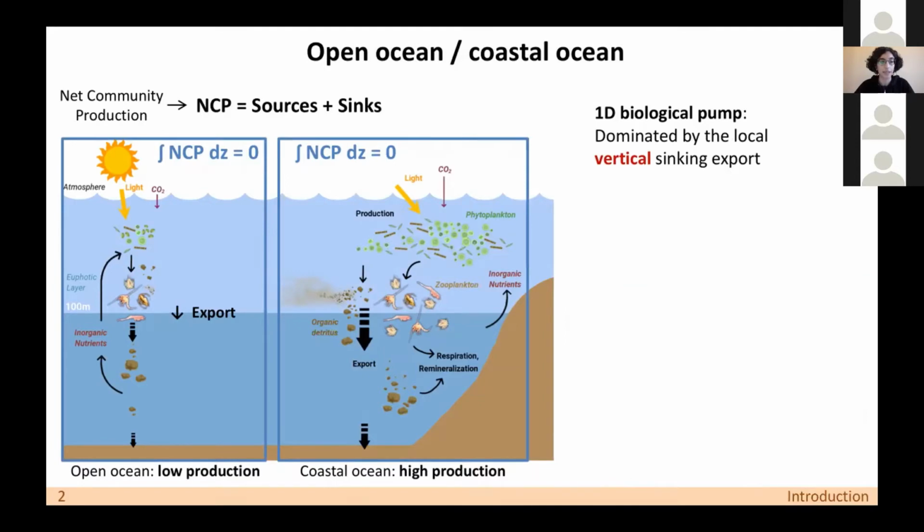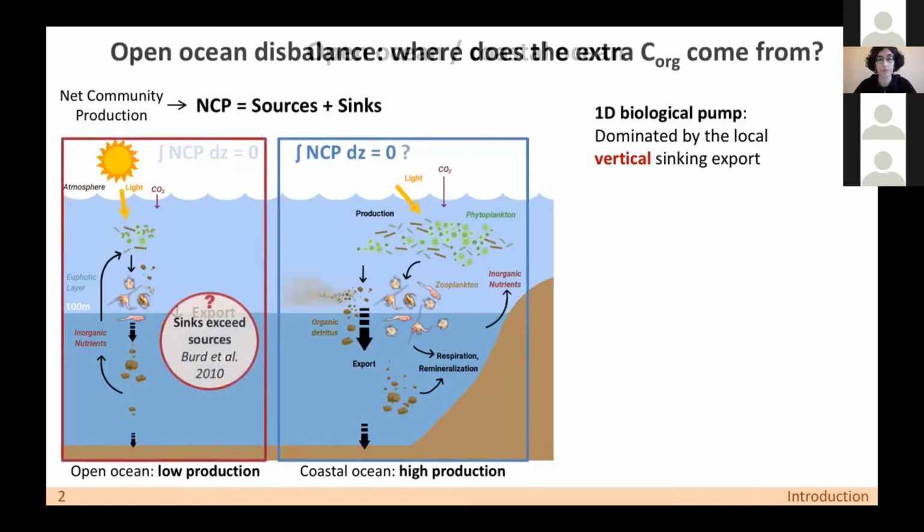And the net community production, when you integrate it vertically, must add up to 0. However, there is plenty of observations in which we see that sinks exceed sources in the open waters, especially in the low productive regions. So we must look for extra sources of organic carbon.